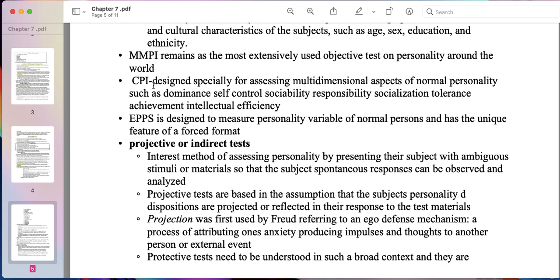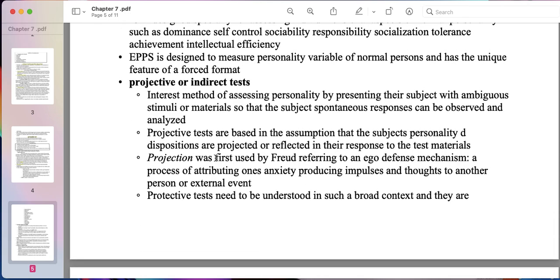Then we talk about the CPI, which is designed especially for assessing multidimensional aspects of normal personality, such as dominance, self control, sociability, responsibility, socialization, tolerance, achievement, intellectual efficiency. And then we also talk about the EPPS, which is designed to measure personality variables of a normal person and has a unique feature of a forced choice format.